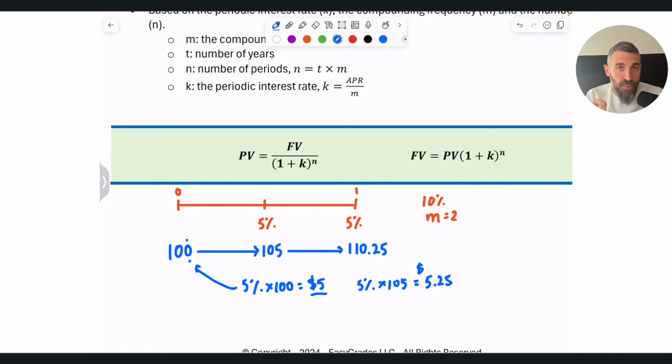Now, there's something called simple interest. Simple interest is not something we see very much anymore, but it's important to understand the concept. Simple interest is when you're only earning interest on your principal. Now, we're going to get more into that in another lesson, but just something to keep in mind. Simple interest is interest earned only on the principal. So imagine here, in this case, I was earning $5 every period, right?